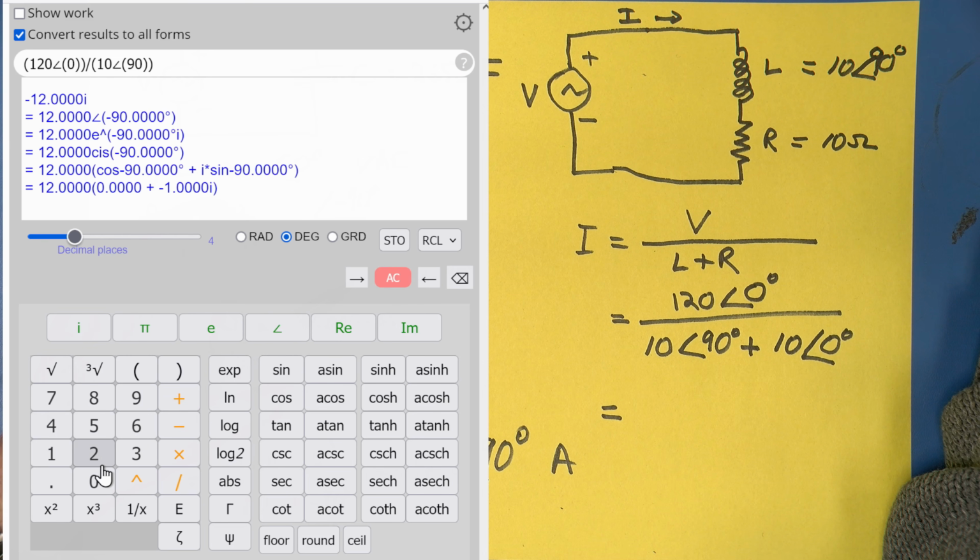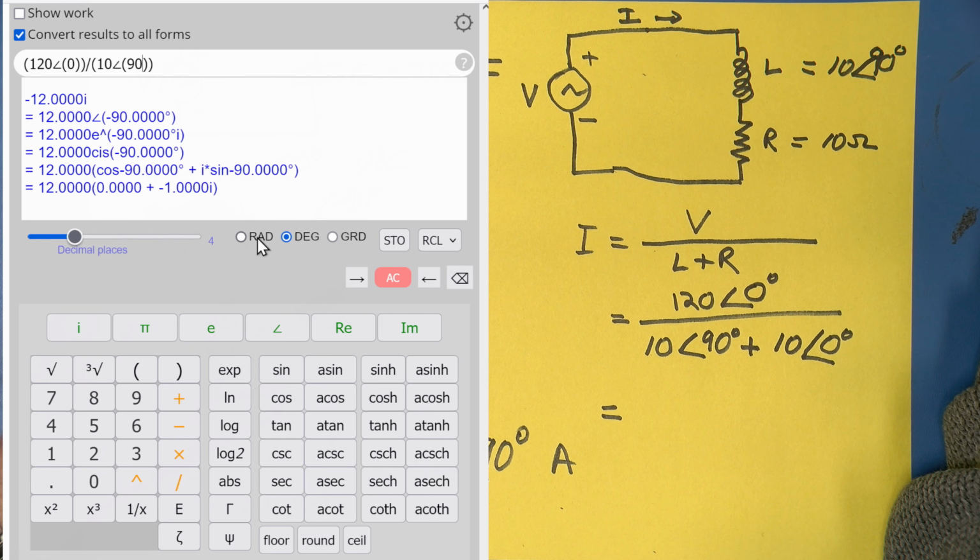And one thing I should point out is we have to make sure degrees is selected for all of this. The system defaults to radians. We're going to use degrees. And just so you know, there are 2 pi radians in a circle. There are 360 degrees in a circle. And they are really equivalent, but it's easier to think of as degrees for these purposes.